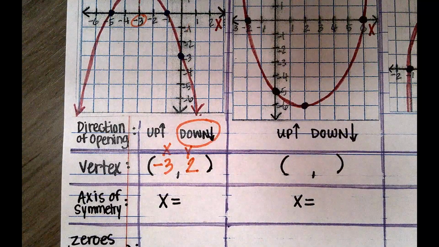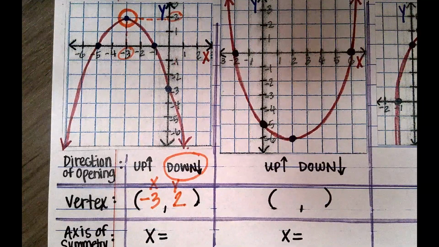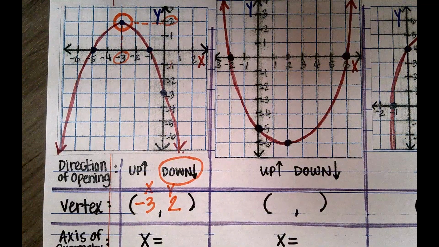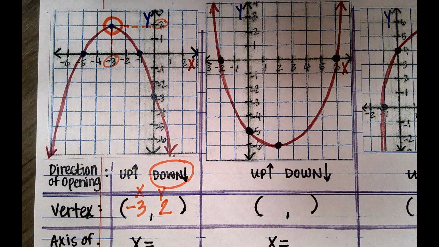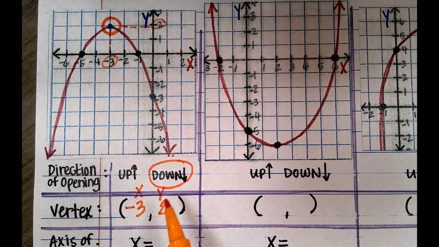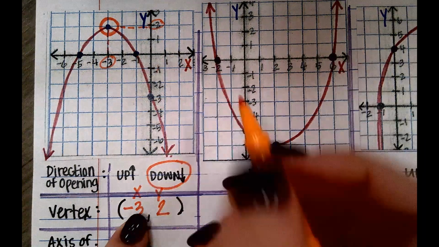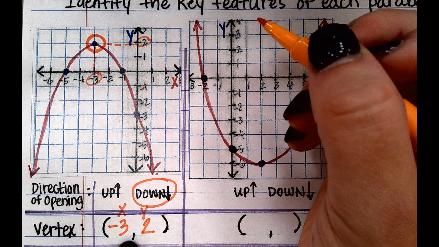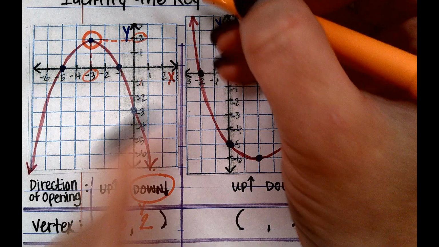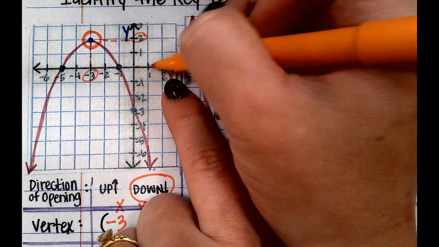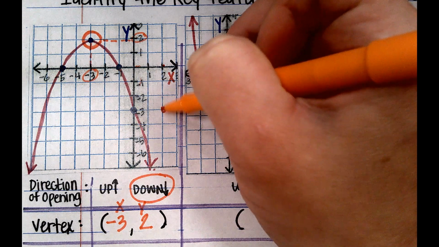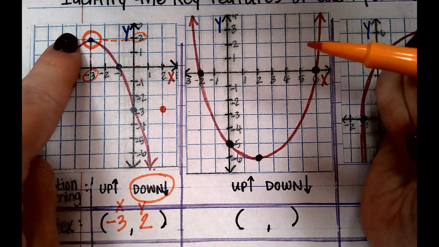So can I ask you a question? I had 2 first and then -3. X always goes first. Your x value in a coordinate will always be the first number. So if you wrote +2 first and then -3, that would be a different point, where x is +2 and y is -3.